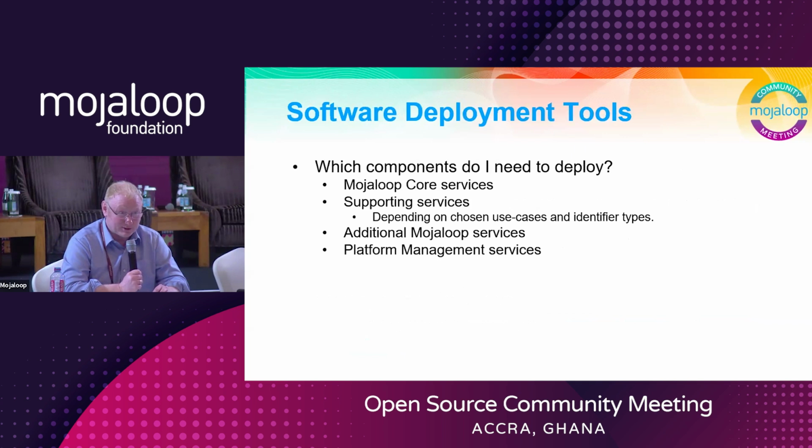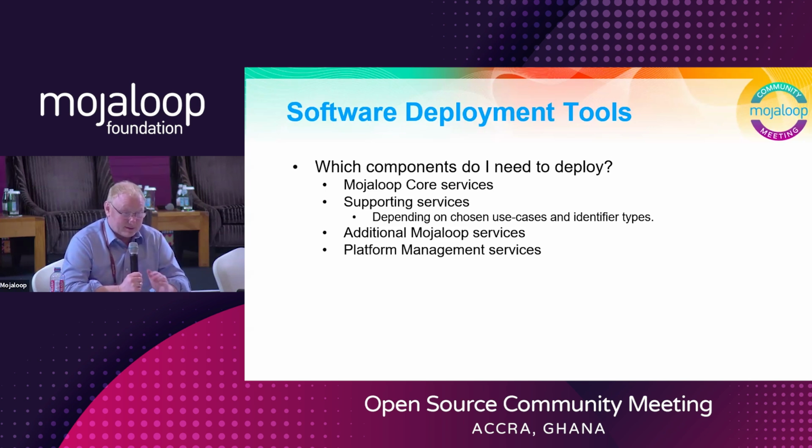Armed with that knowledge, you can then decide which components you need to deploy, and that will be a combination of what you see on the screen there: Mojaloop core services, some supporting services depending on the use cases you want to operate. There's very often some additional services around the periphery of that core, and there's also platform management services.